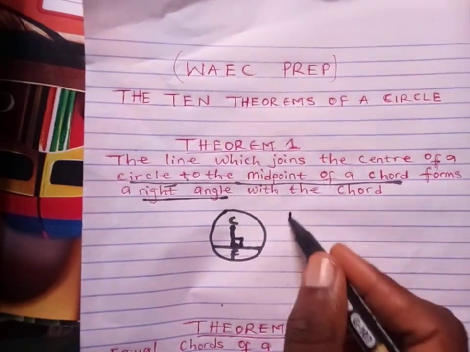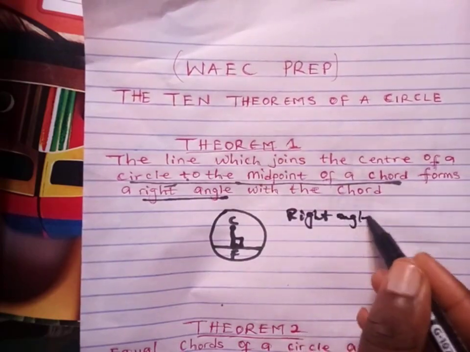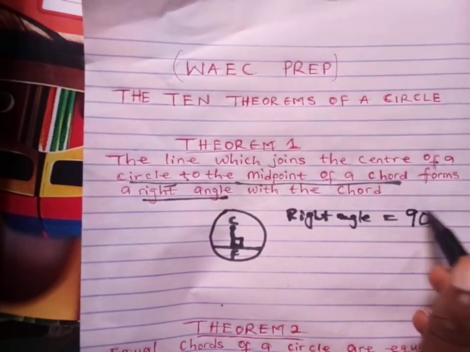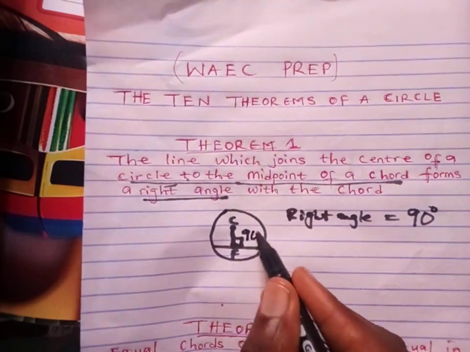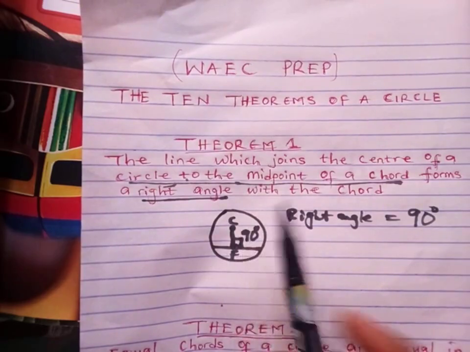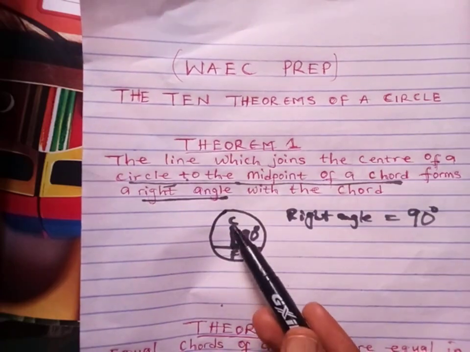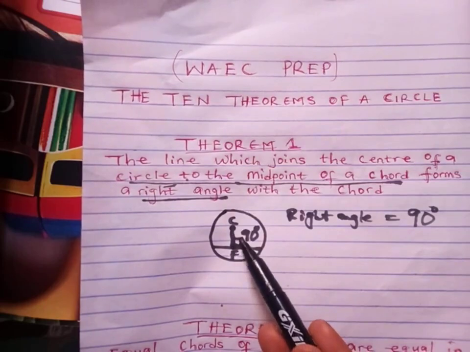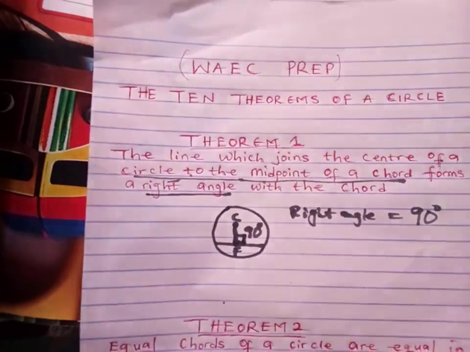Remember that a right angle has a value equal to 90 degrees. So 90 degrees is formed there. This is basically what the first theorem is all about. A line which joins the midpoint of a chord to the center of a circle will form a right angle. So this is theorem number 1.